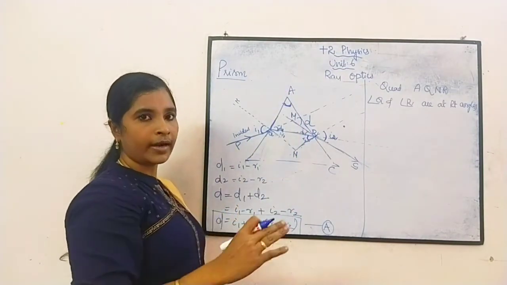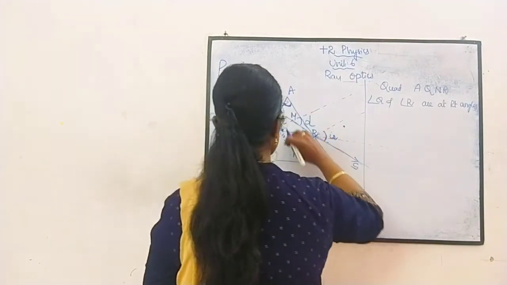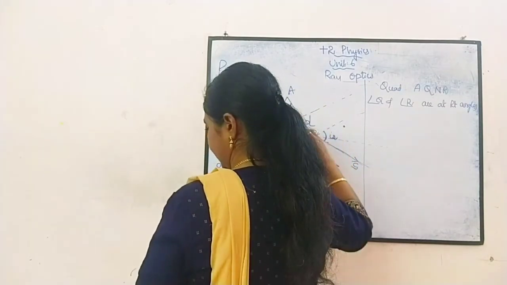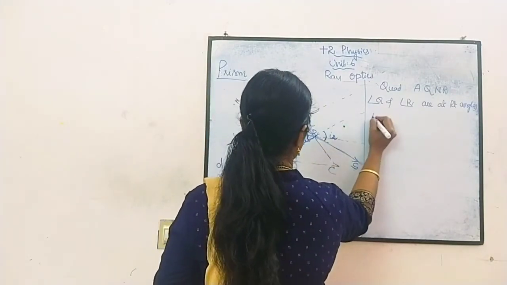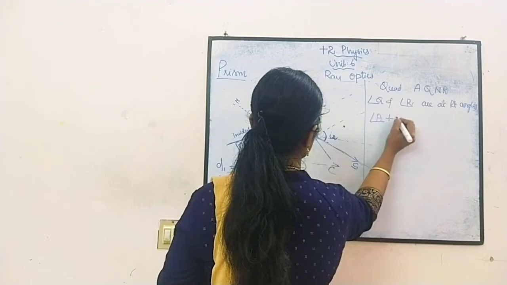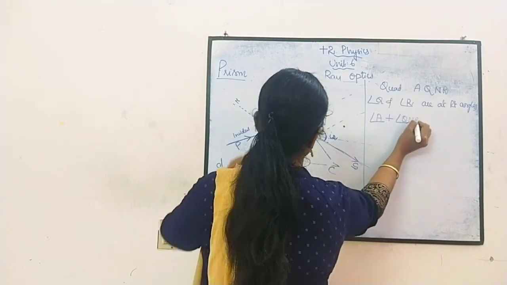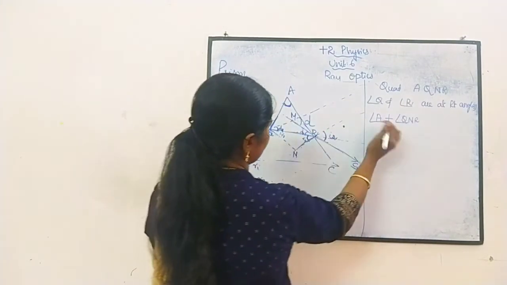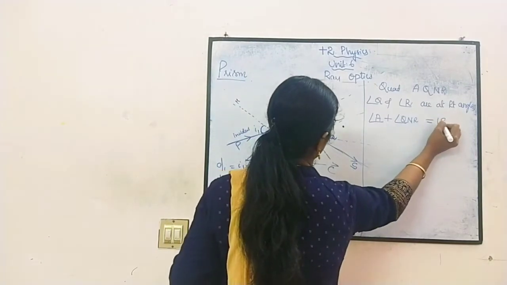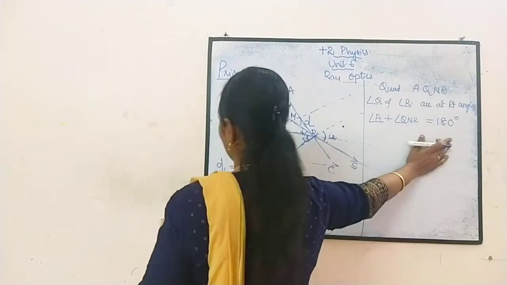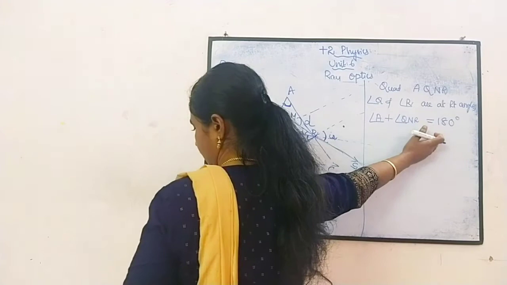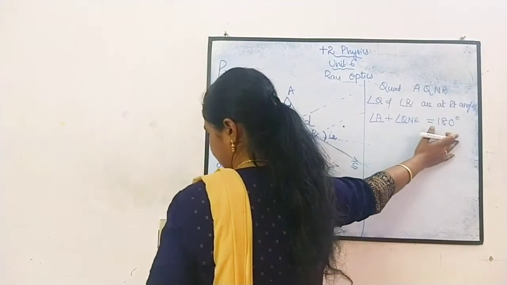It will be 180 degree இருக்கும். Definitely the opposite angles will be 180 degree, okay. So I can write angle A plus angle QNR, addition of these two angles will be 180 degree. This we all know, angle A plus angle QNR is equal to 180 degree, okay.